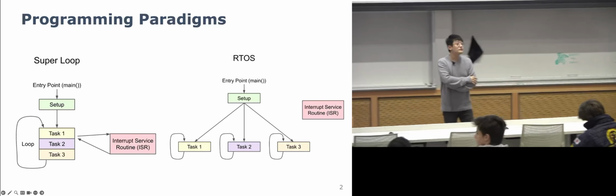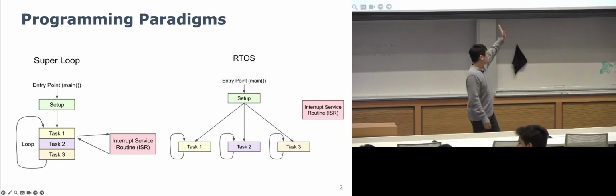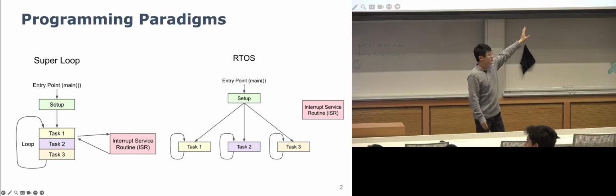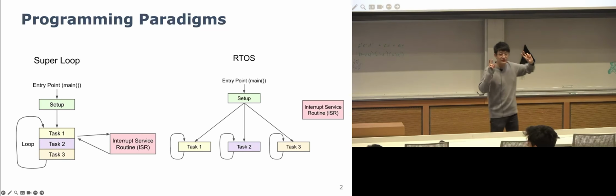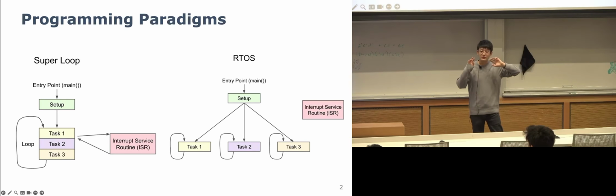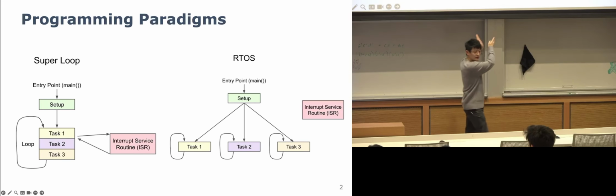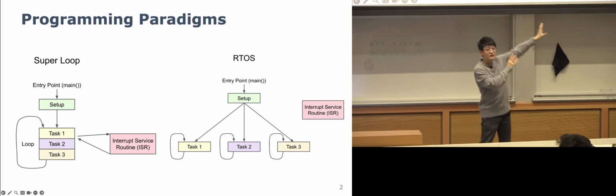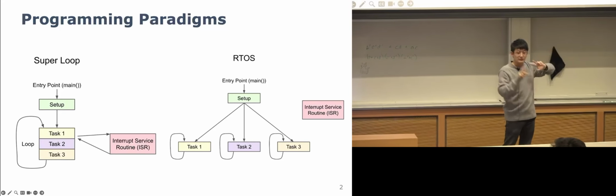Any other questions regarding this? Also, the real-time in real-time operating system stands more for predictable. It's not a guarantee that this will run faster or better, just a guarantee on the predictability.